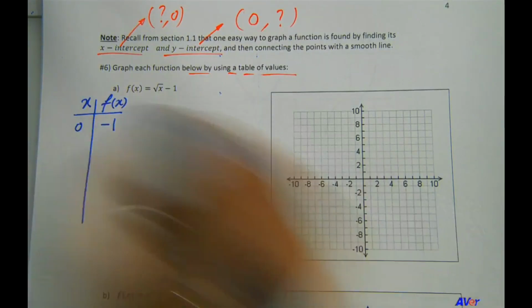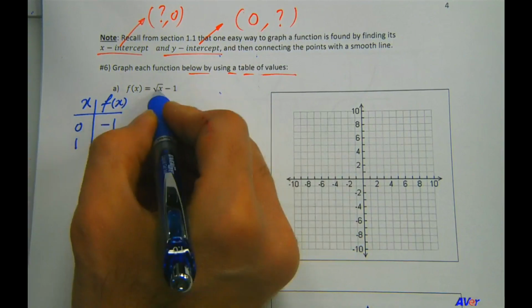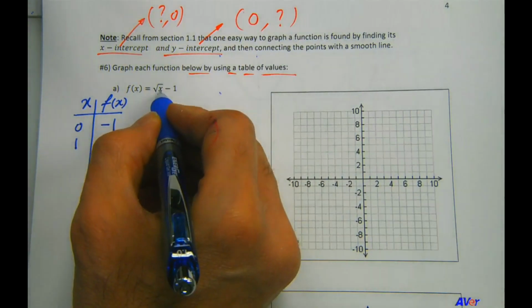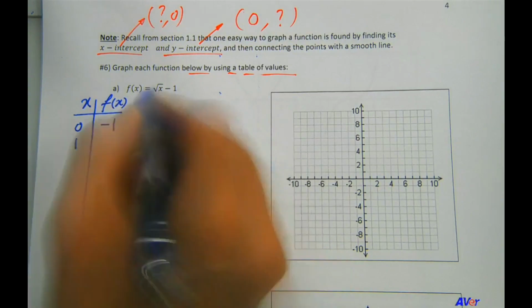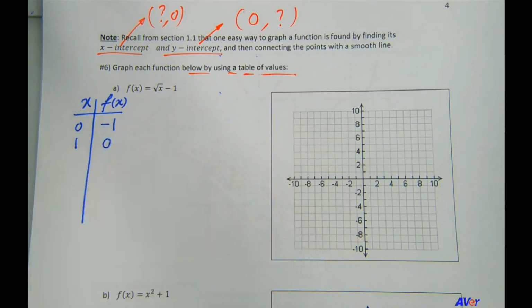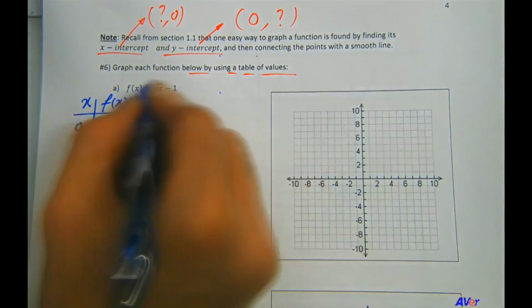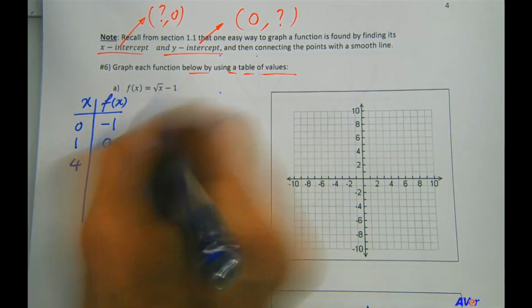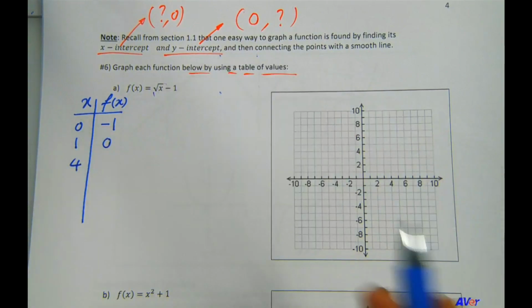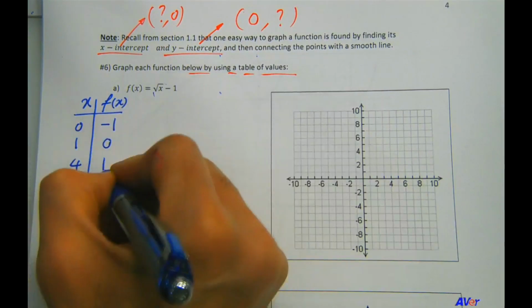I'll pick another easy number, 1. If x equals 1, square root of 1 is 1. 1 minus 1 is 0. I'll pick another really easy number, like 4. If x equals 4, square root of 4 is 2. 2 minus 1 is 1.